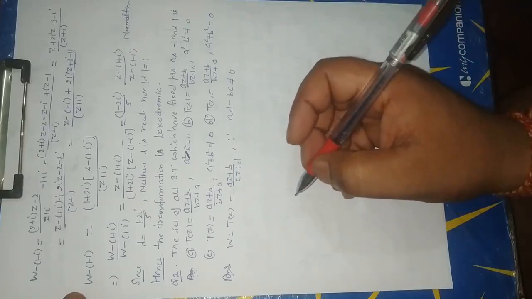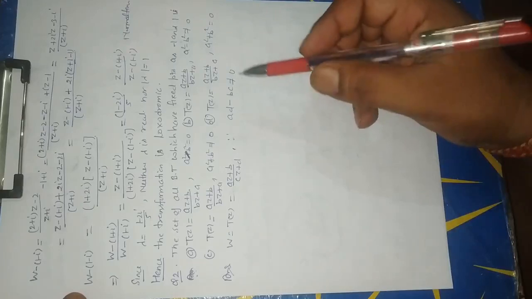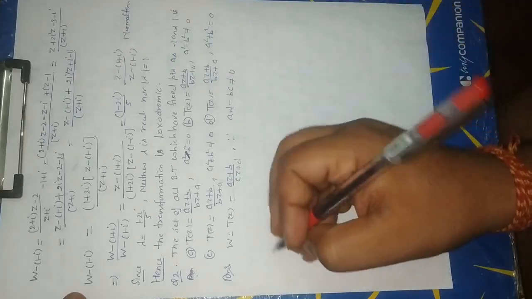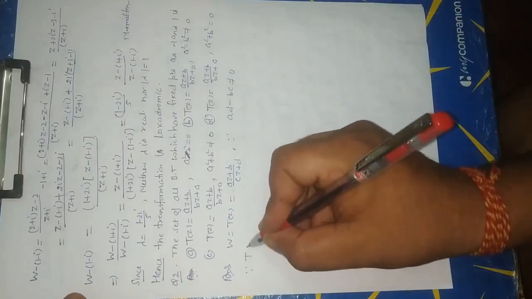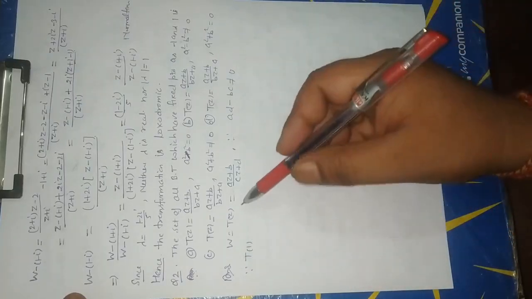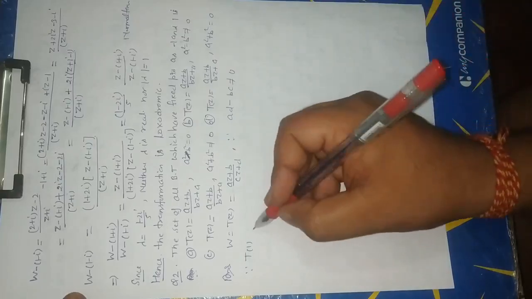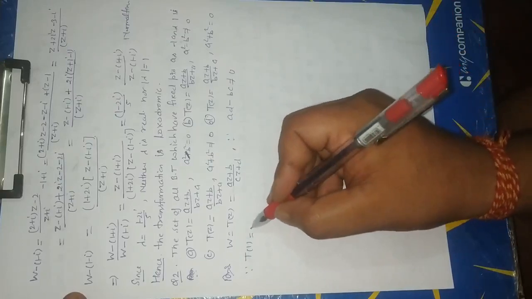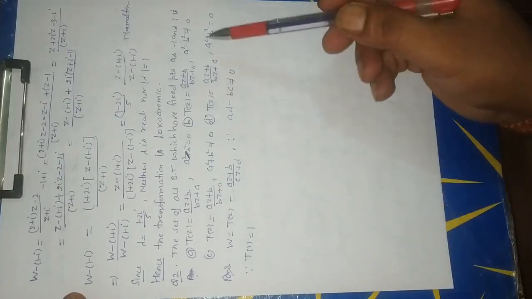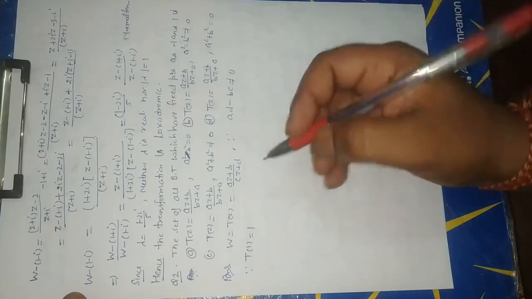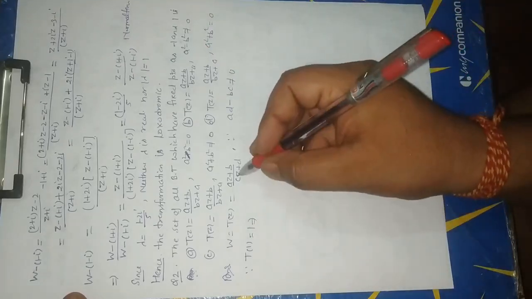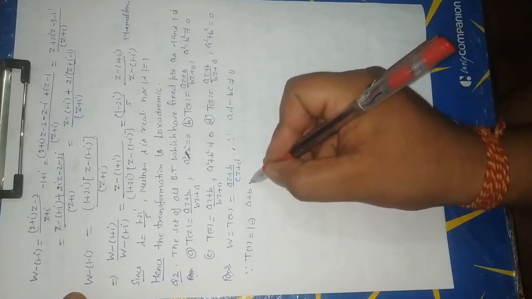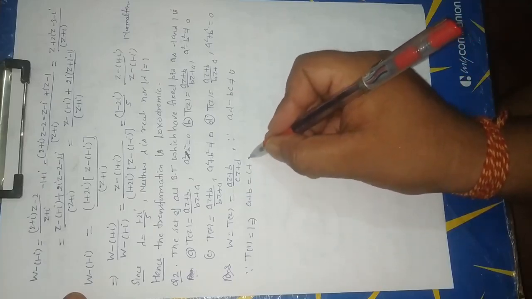Okay. Now by the given fixed point, we use here, since z is equal to 1, T(1) equals 1, which implies that a plus b equals c plus d.